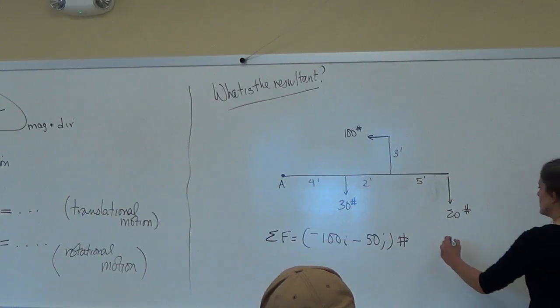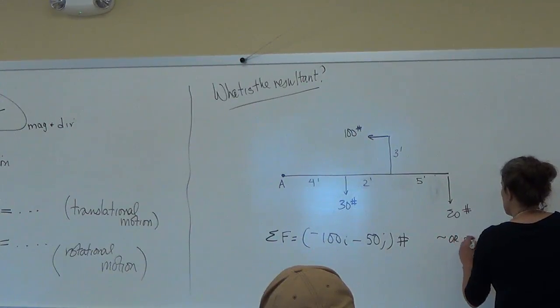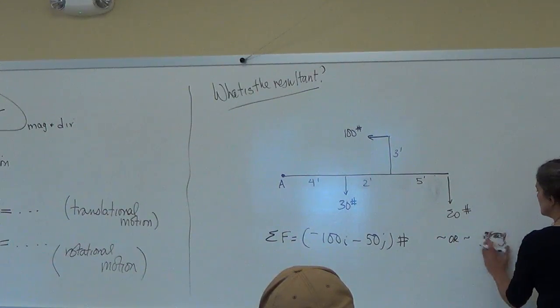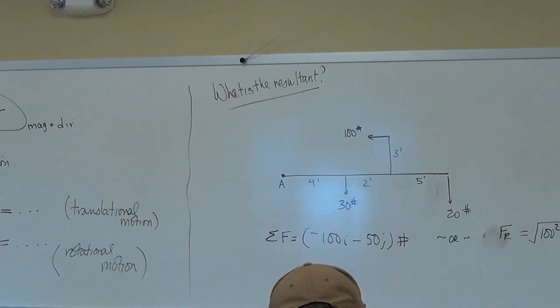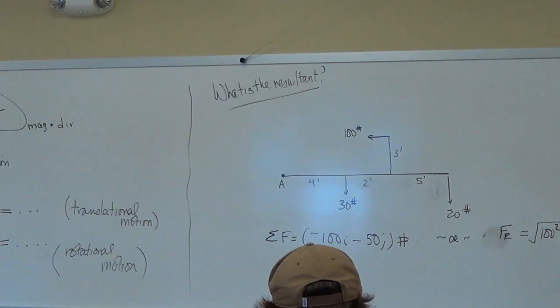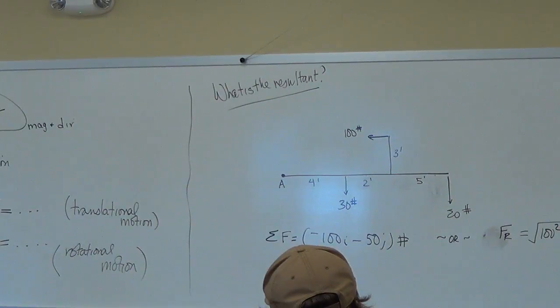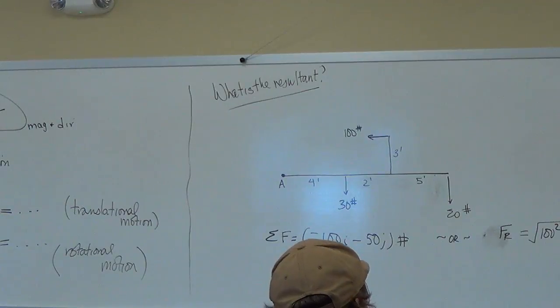I can do the magnitude. And what's the magnitude? What's the resultant force? 100 squared plus 50 squared under the radical. Can somebody do the math on that? 111.8 pounds. And then I can find the direction angles if I want, but we're not going to do it now.